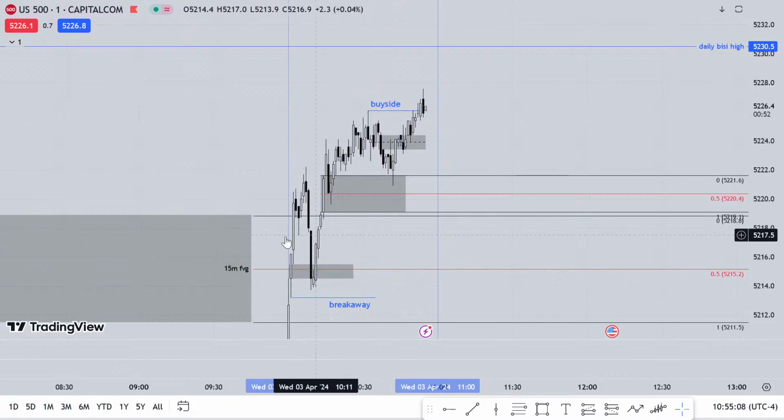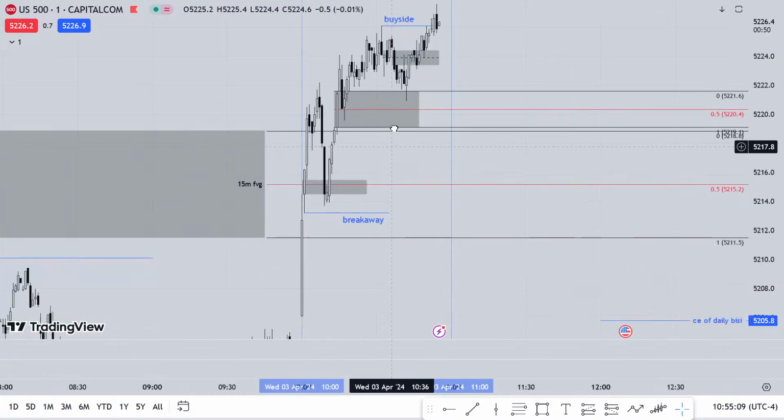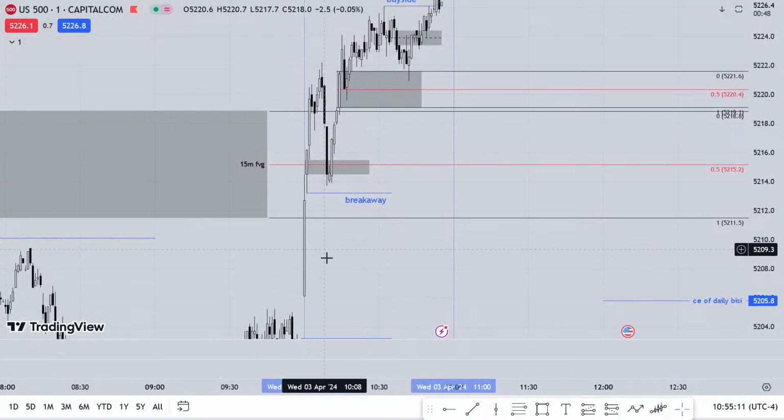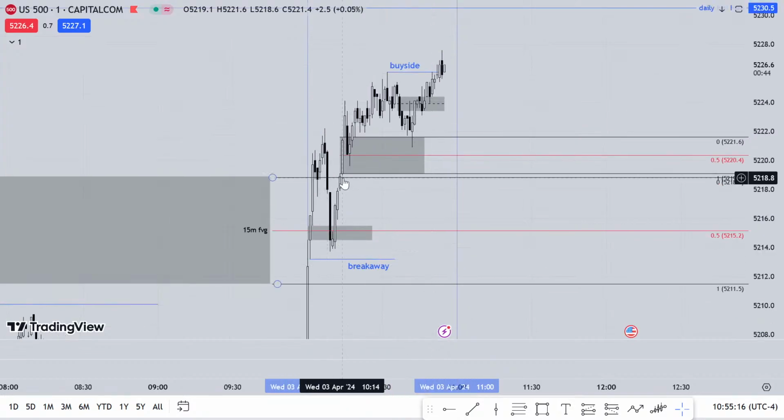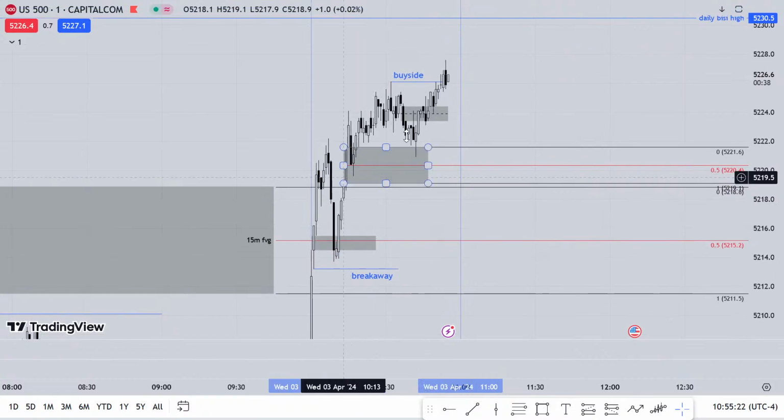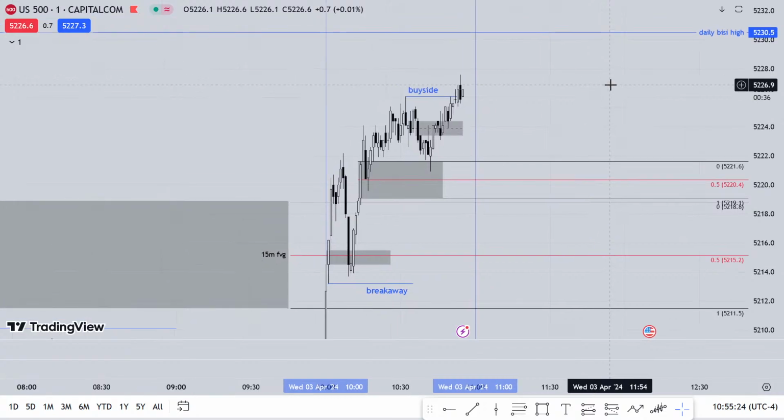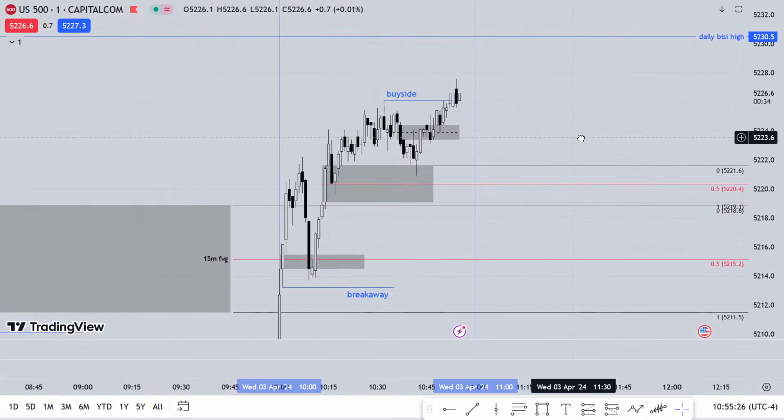This also coincides with the 9:50 to 10:10 macro that Michael taught last year, so price will keep rallying higher.